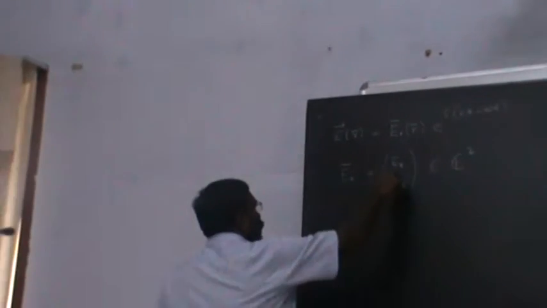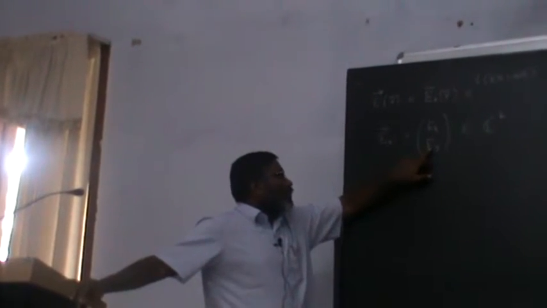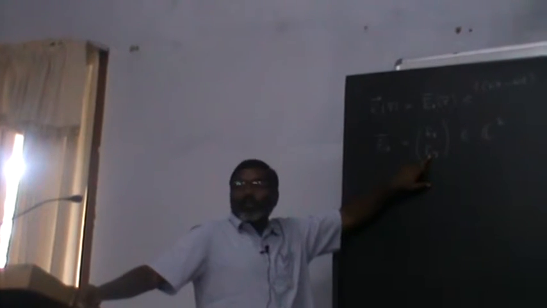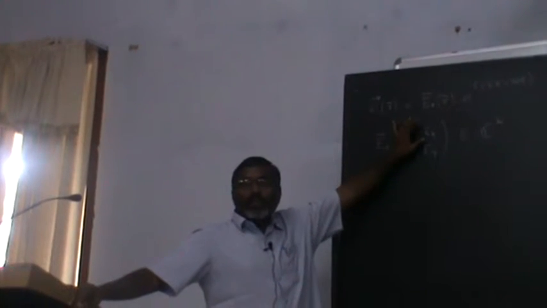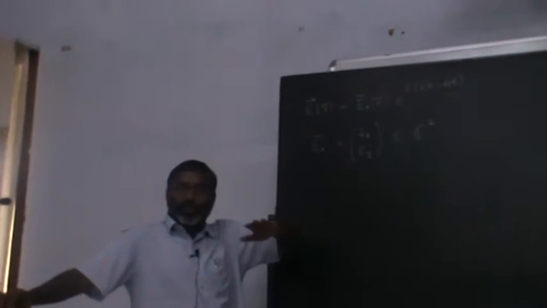Now you know that depending on what these values are, you can have different states of polarization. Suppose Ey is equal to 0, only Ex is there. We say it's plane polarized or linearly polarized.